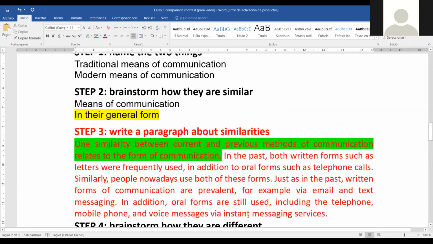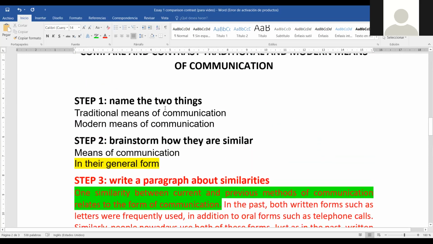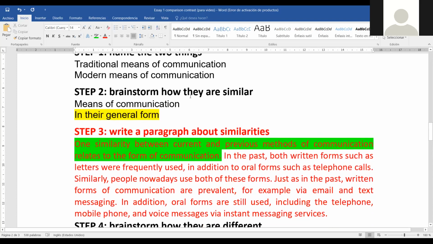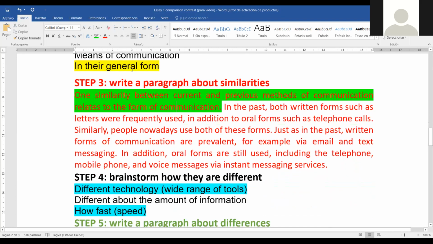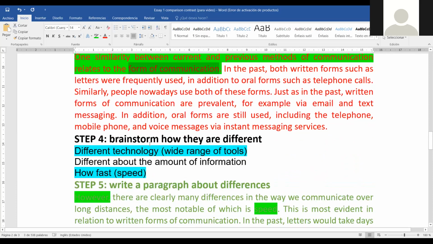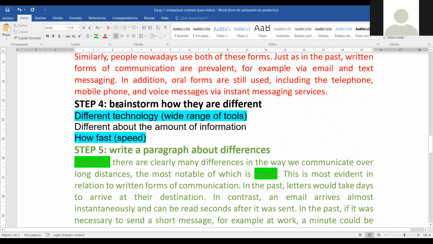So let's recap. First, we identify the two topics. We brainstorm how similar they are. We chose the most important ones or the only one that we consider. We write a paragraph about that topic, which is general form, and is mentioned here, form of communication. That will be this topic. Similarly, in step 4, you brainstorm how they are different.